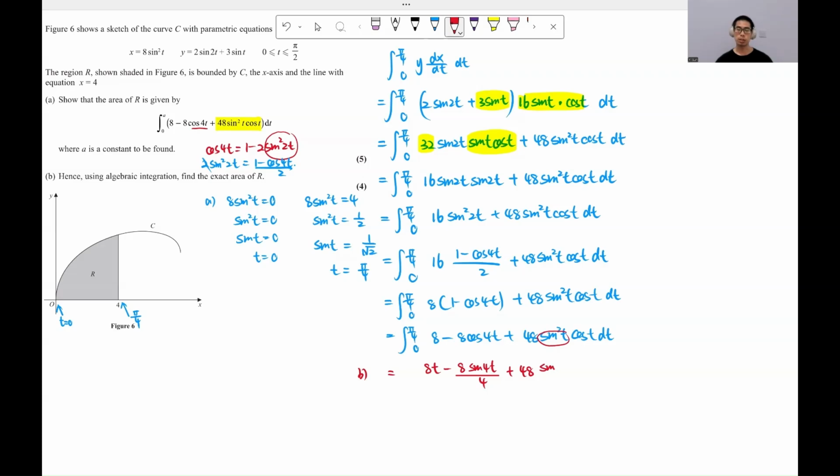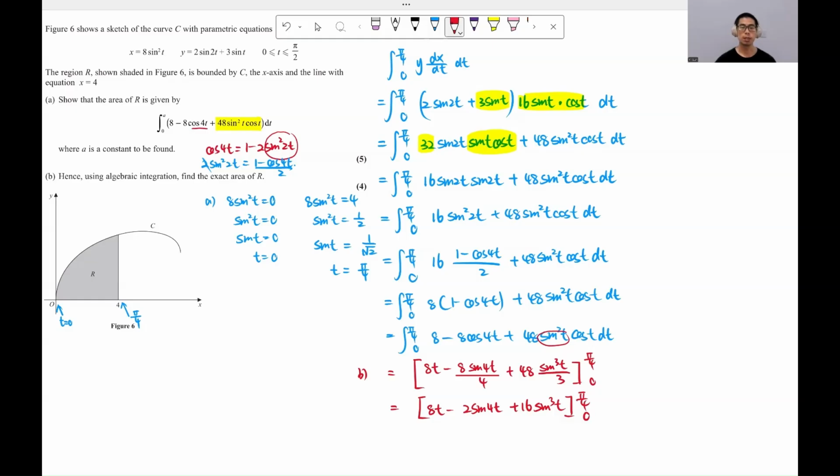So we can just add 1 to the power and then divide by the power. And because we have the limits, we don't need to put plus c. So just pi over 4, 0. So simplifying that, we have 8t minus 2 sin 4t and then plus 16 sin cube t between pi over 4 and 0.